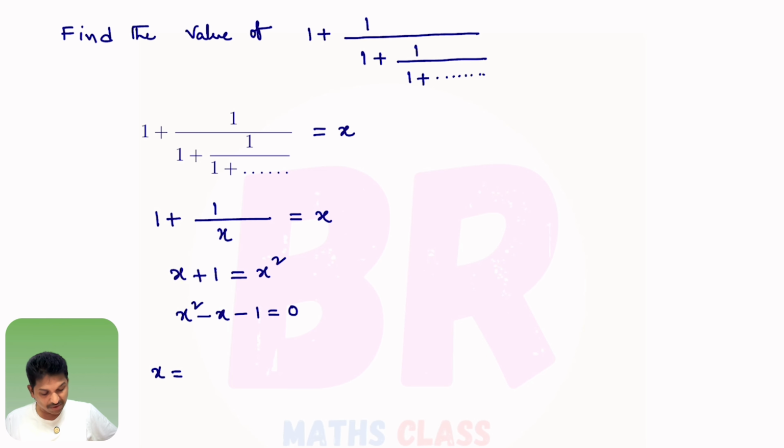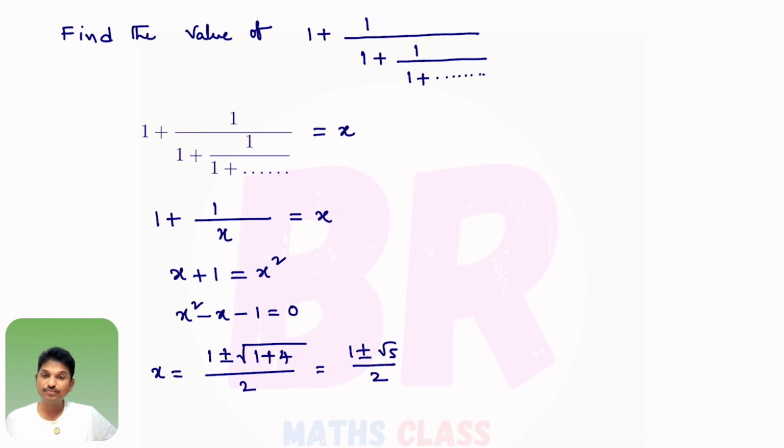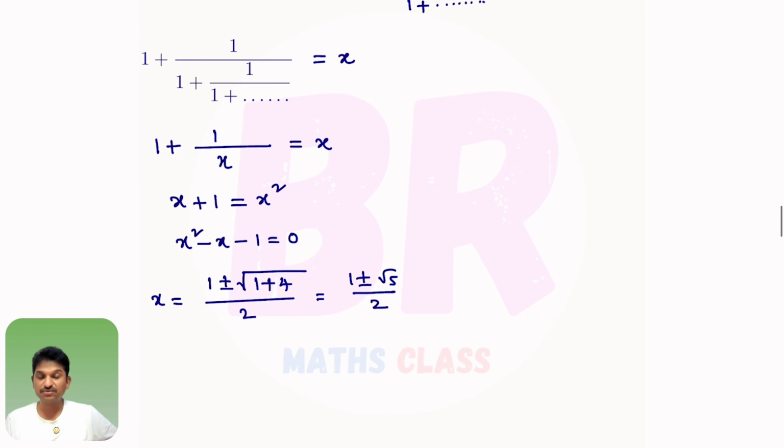So x equal to minus b, where b is minus 1 here, plus or minus root of b square minus 4ac, divided by 2 into 1. Further, if I simplify, 1 plus or minus root 5 divided by 2. So I got two x values here: x equal to 1 plus root 5 divided by 2, and 1 minus root 5 divided by 2.